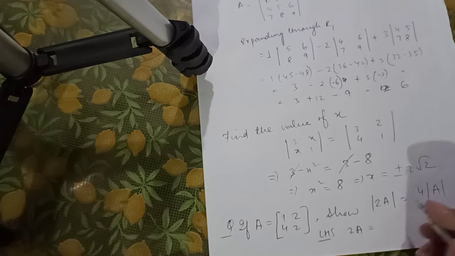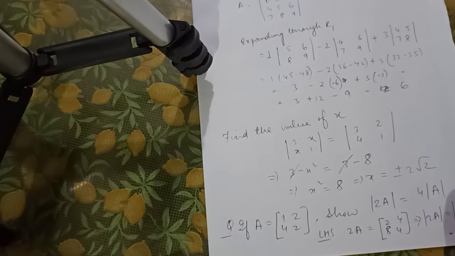It's a scalar, so 2 will be multiplied with each element. After that we find the value of the determinant of 2A, that is 2 4 8 4, which is coming to be 8 minus 32, which is minus 24 on our left hand side.